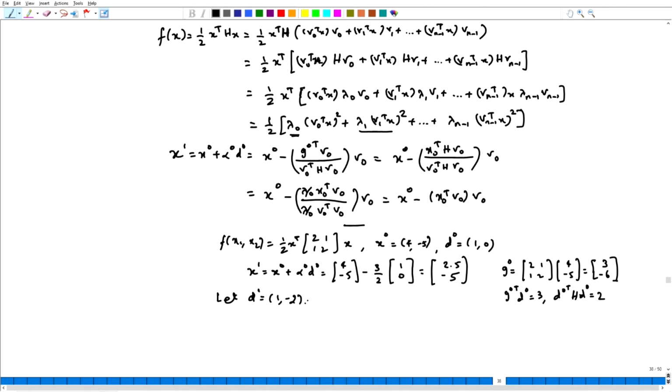We will explain this choice in a little while, but let us proceed with this. So, we will have x 2 equals x 1 plus alpha 1 d 1. So, that is 2.5 minus 5, and let us compute what is g 1, that is 2 1 1 2 times 2.5 minus 5.